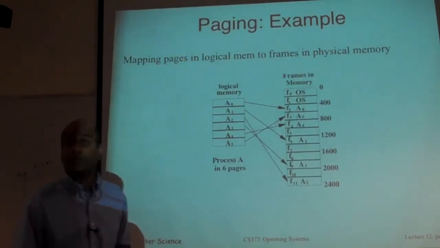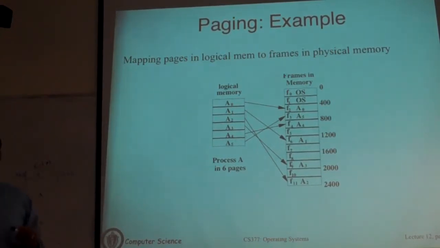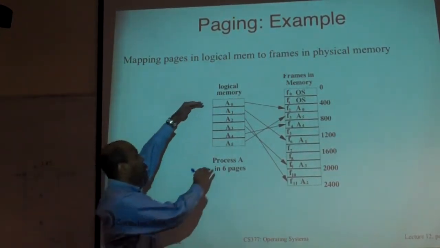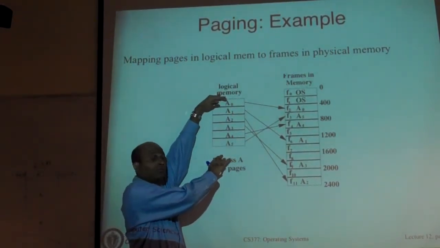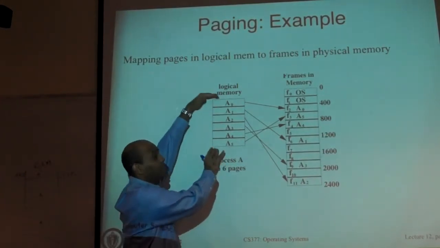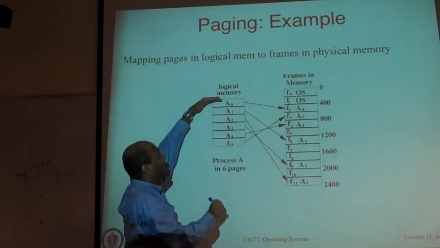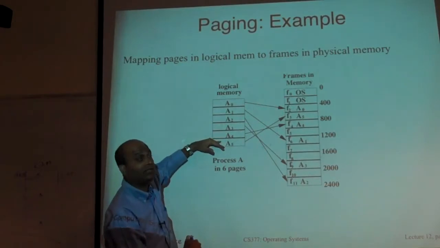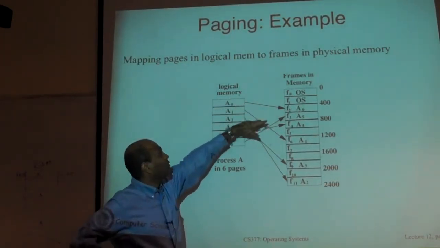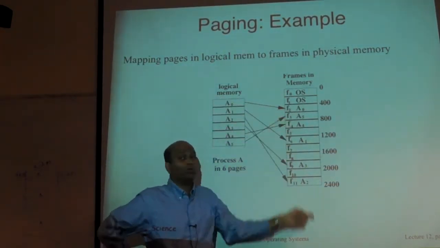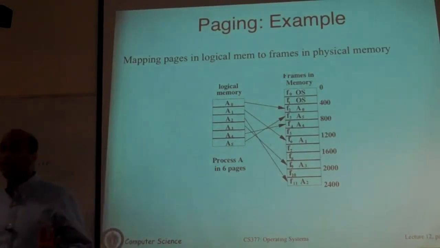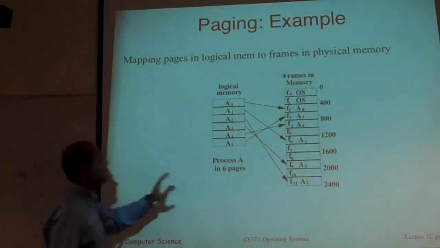Okay, so here is basically the new layout. This is the logical snapshot of the process. This is the process as we see it, and we have partitioned it into fixed size pages. Here these arrows show that these pages are actually put in those locations. So it's not only not contiguous, it's not even sequential.